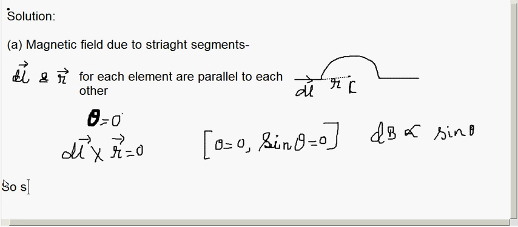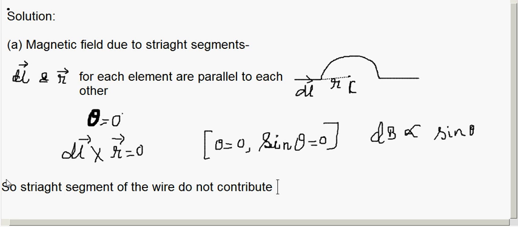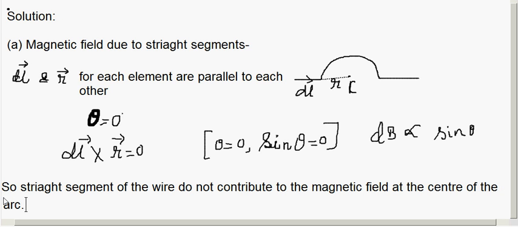So straight segments of the wire do not contribute to the magnetic field at the center of the arc.